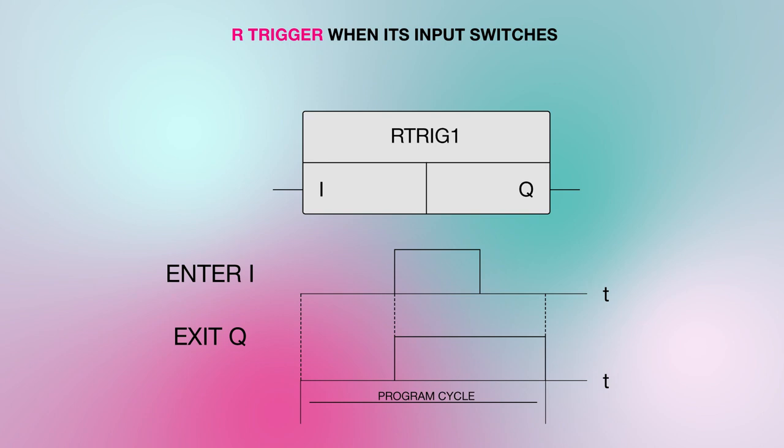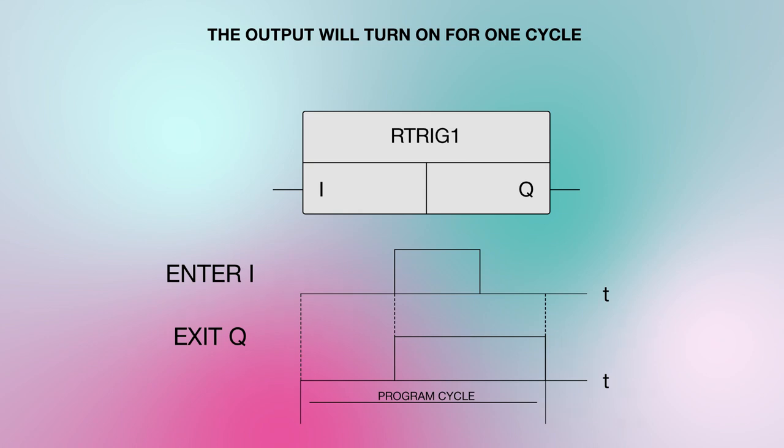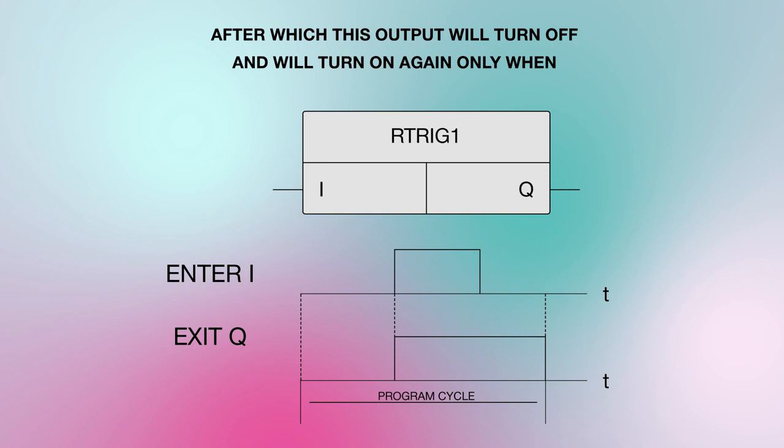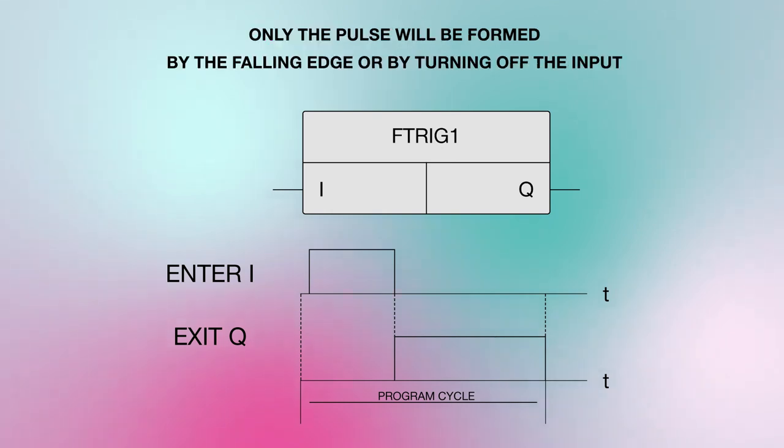R trigger, when its input switches from 0 to 1, that is, when turning on, or when a rising edge appears on this input, the output will turn on for one cycle of the mini PLC's operation, after which this output will turn off and will turn on again only when a new rising edge appears on the input. F trigger works just the same, only the pulse will be formed by the falling edge, or by turning off the input.